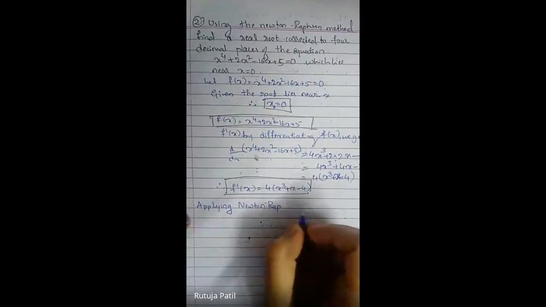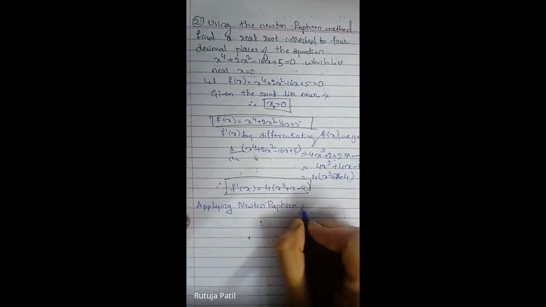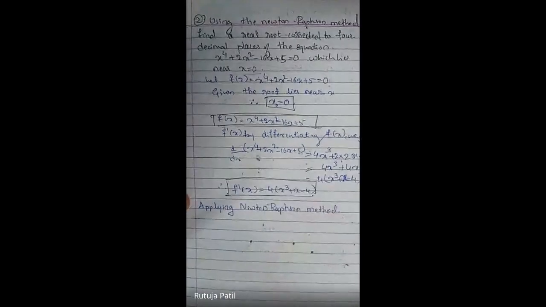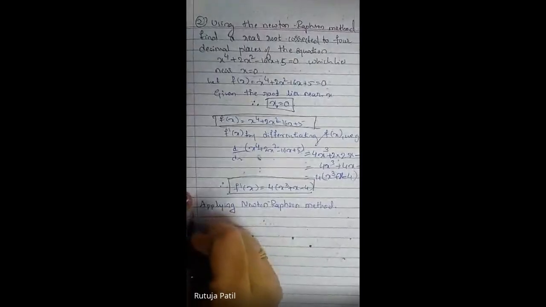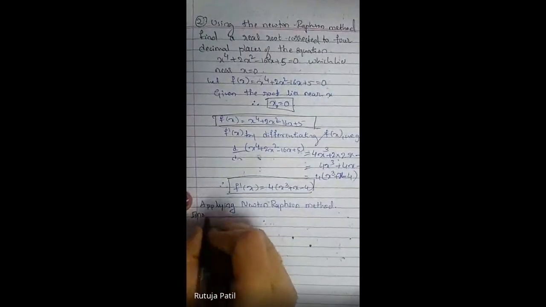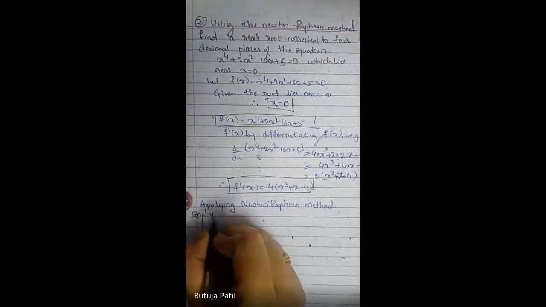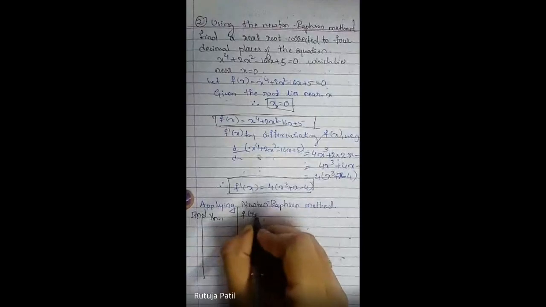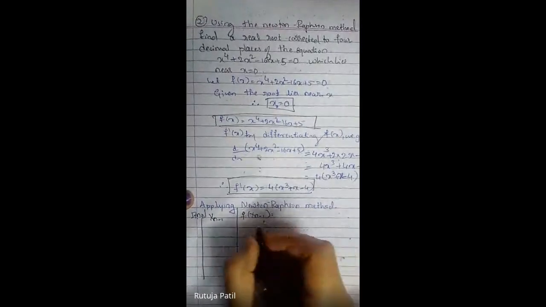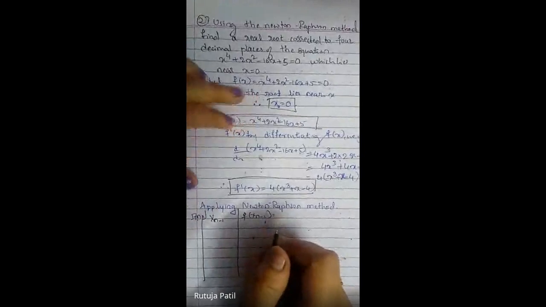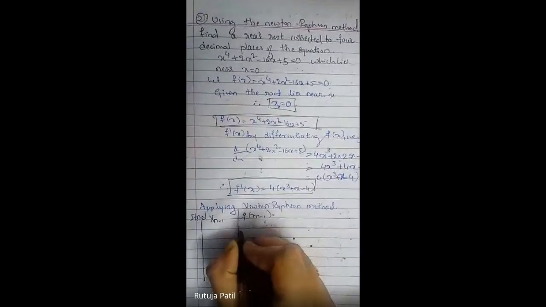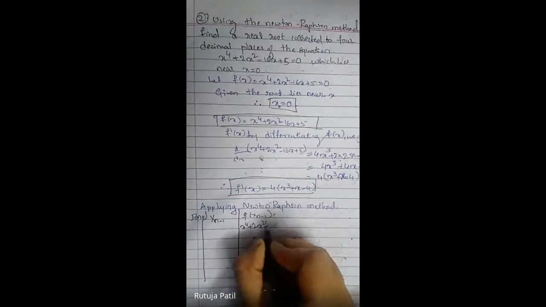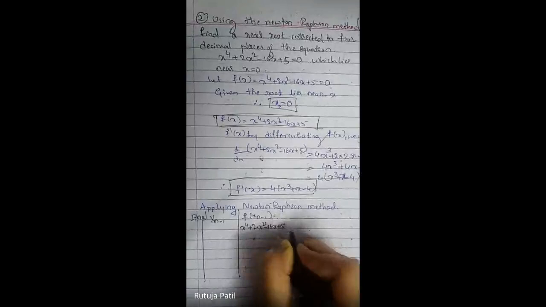That is, the iteration number, then x n minus 1, then f of x n minus 1. F of x n is nothing but the given equation. What is the given equation? x to the power 4 plus 2x square minus 16x plus 5.